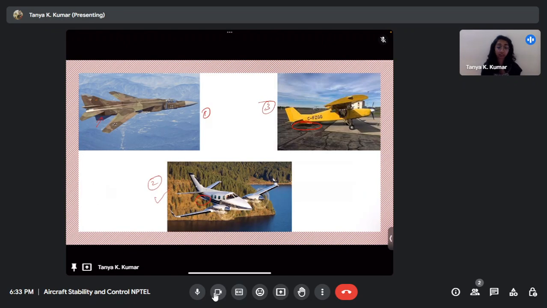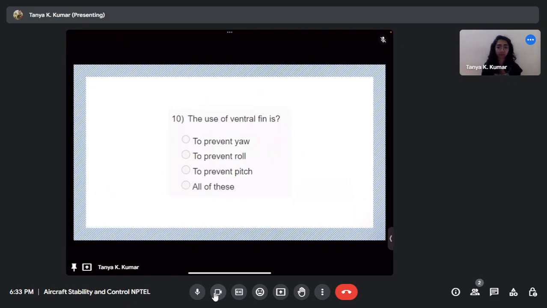Okay. Next, what is the use of a ventral fin? What do you think is the use of a ventral fin?